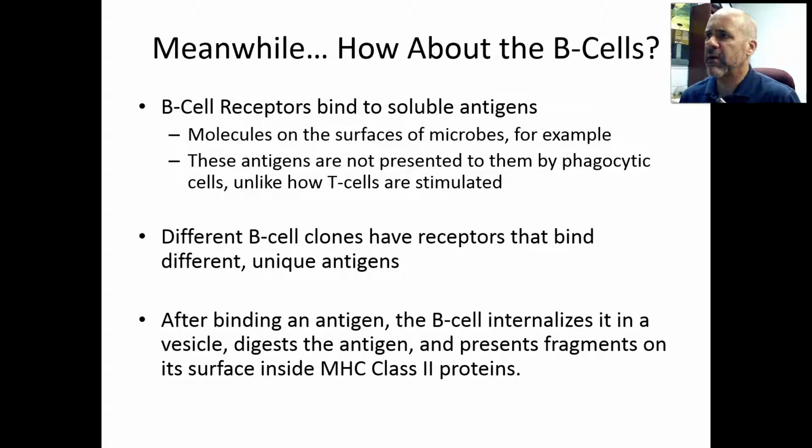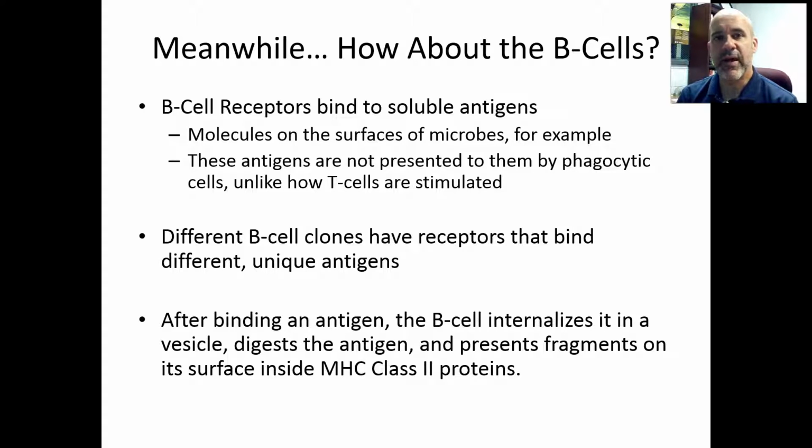All right, so we have already discussed earlier that B cells, like T cells, have receptors on their surfaces. However, in the last video clip, we talked quite a bit about how your helper T cells see antigen fragments that are presented to them inside MHC class II proteins, and those MHC class II proteins are present on phagocytic cells like macrophages and dendritic cells.